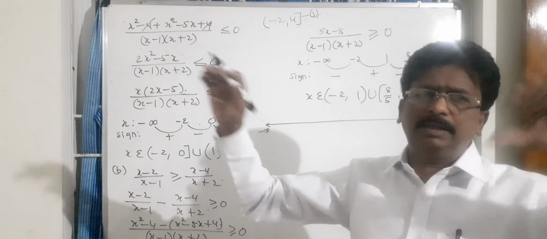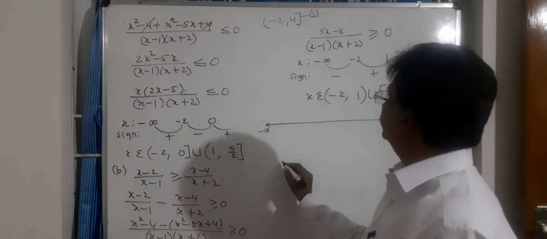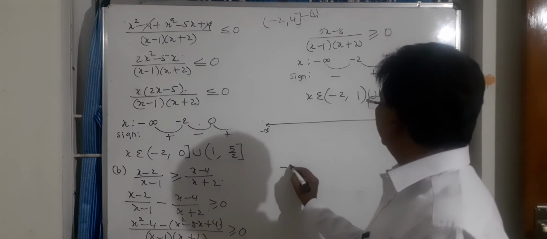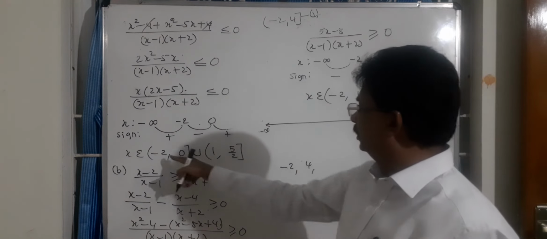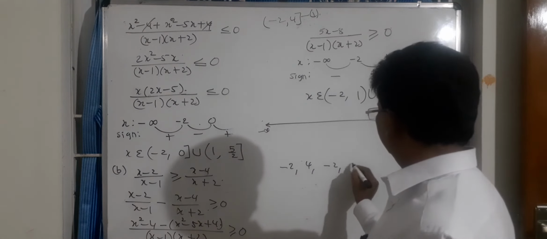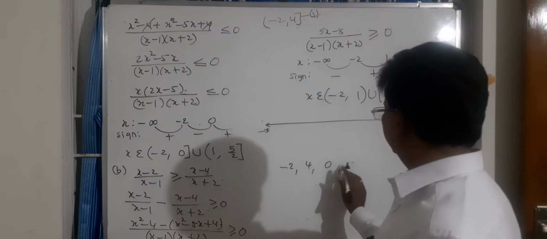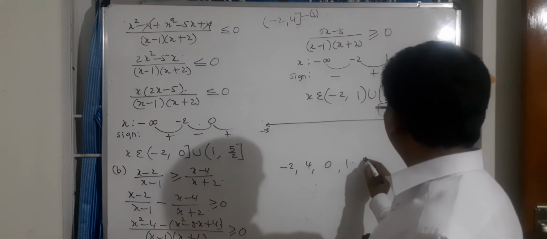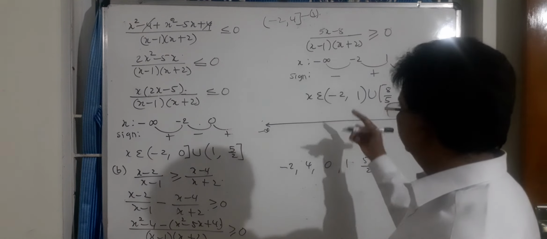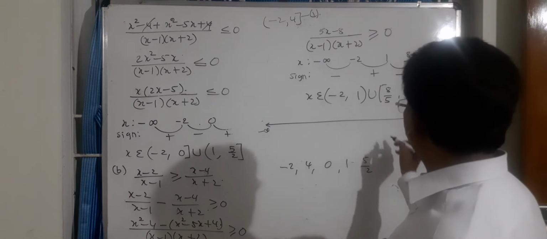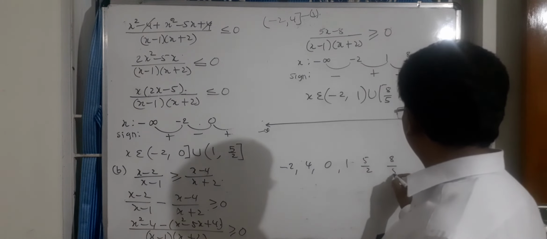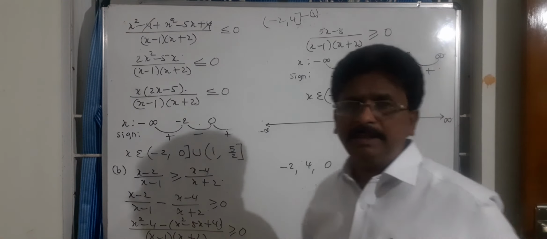Collect all the critical points. -2, 4, here -2, 0, -2 already written, not necessary, 0, 1, 5/2, -2 already over, 1 also over, 8/5. Okay, these are the critical points.